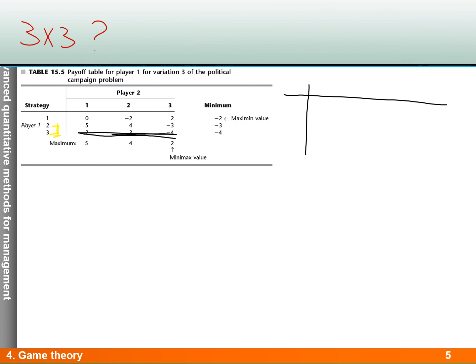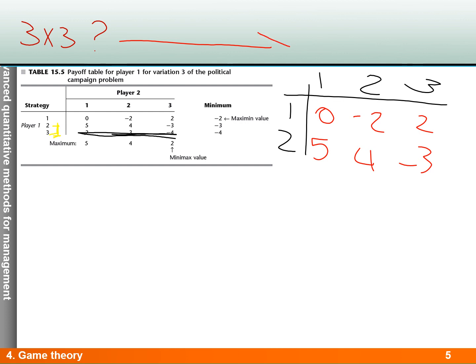I can write it here: 1 and 2, 1, 2, 3. So what are the elements? 0, minus 2, 2, 5, 4, minus 3. As you see, guys, now this 3 by 3 has changed to a table of 2 by 3.